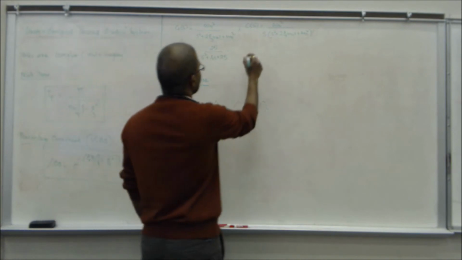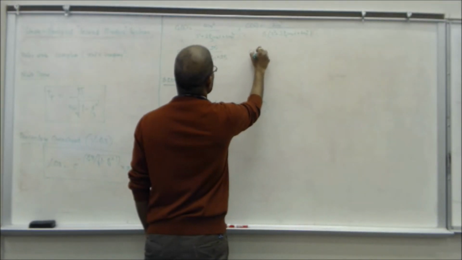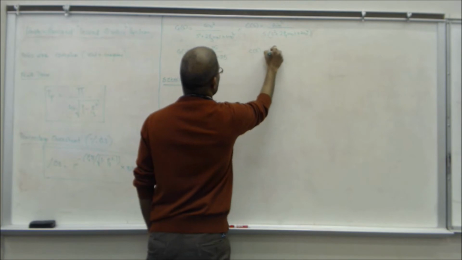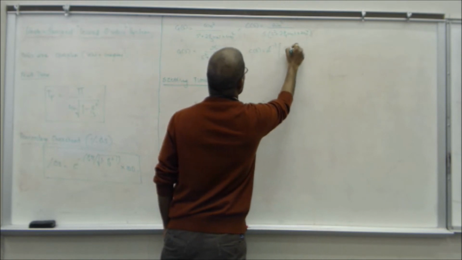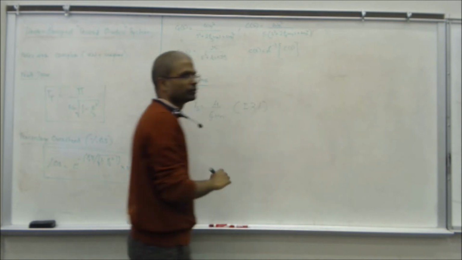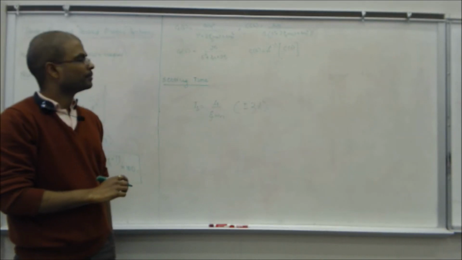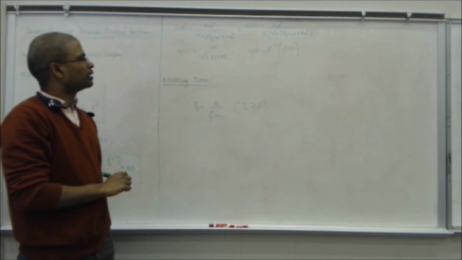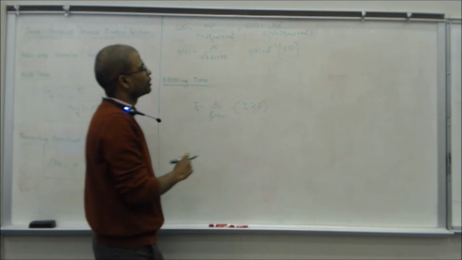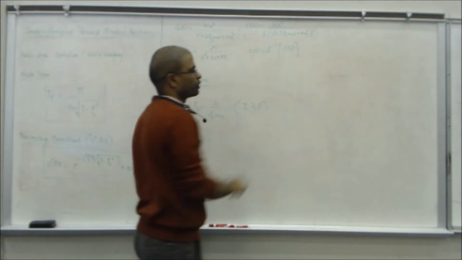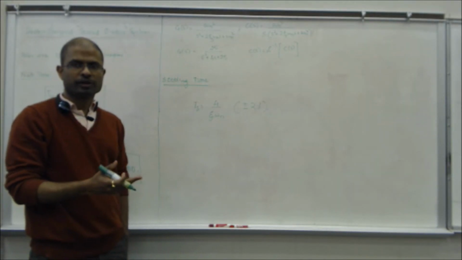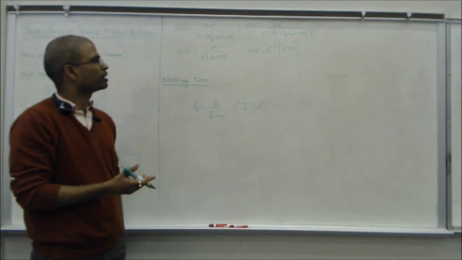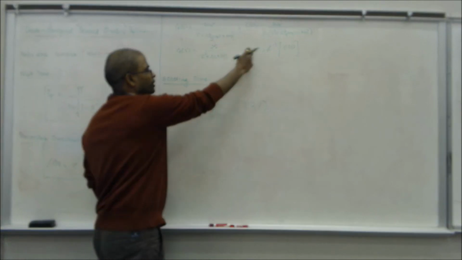And your C of t would be Laplace inverse, correct, of C of S. Now you obviously can find the roots of this equation, do a partial fraction expansion, take an inverse Laplace, and figure out what C of t is.